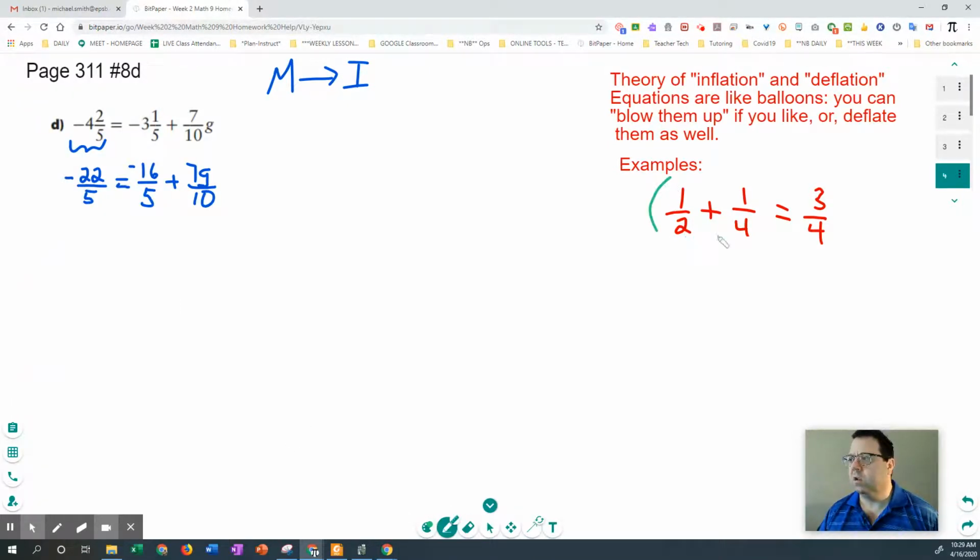You know what I could do here? I could blow this equation up by a factor of 4. Now, why did I choose 4? Because if I were to look at a lowest common denominator here, it would be a 4. So what happens if I multiply this by 4? I already know this statement is true.